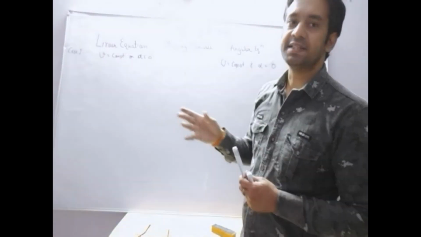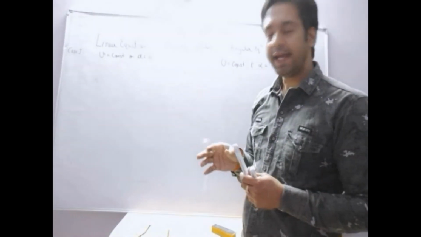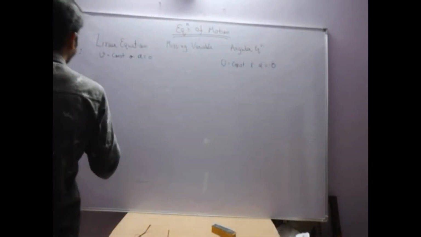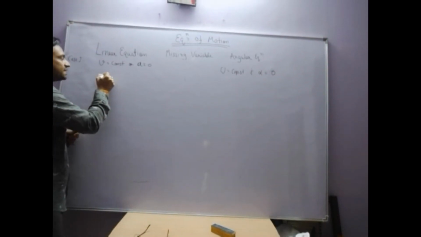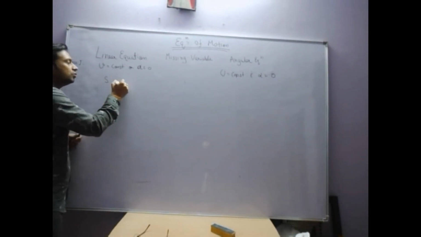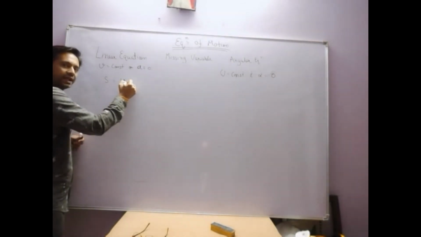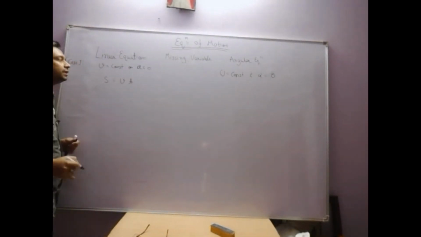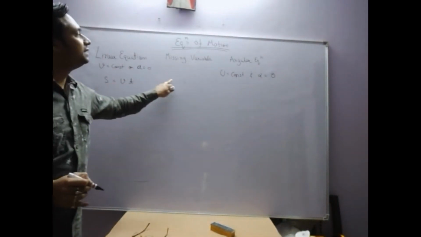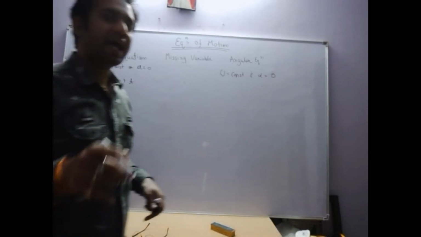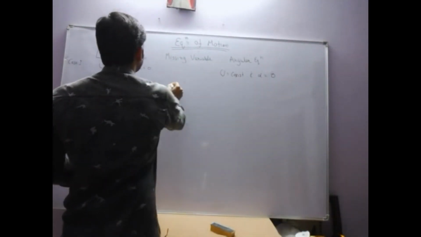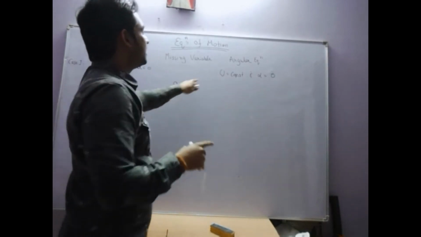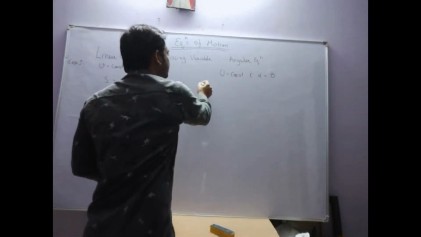Now the equation is: distance or displacement covered is equal to constant velocity into time, s = vt. The missing variable in the linear equation is acceleration. Similarly, the missing variable in the angular equation is alpha.